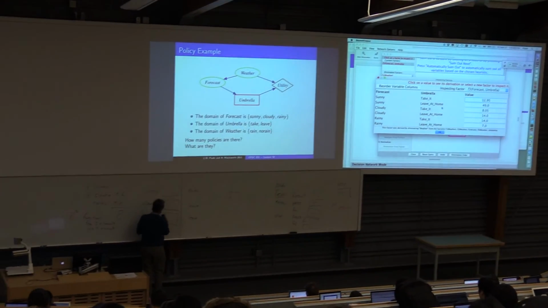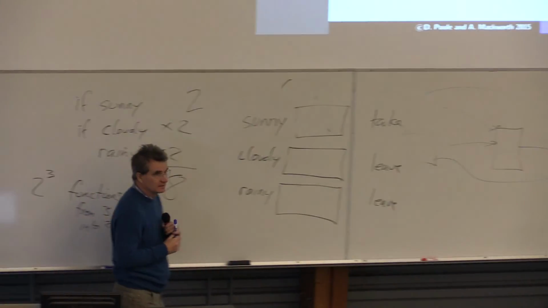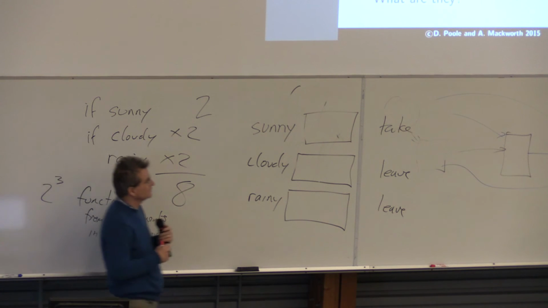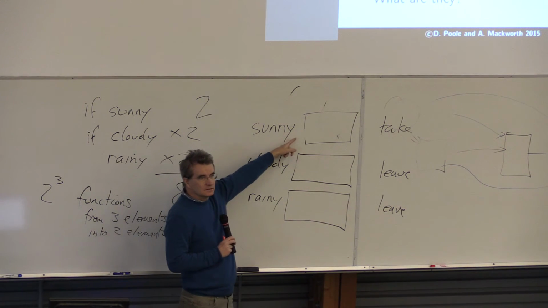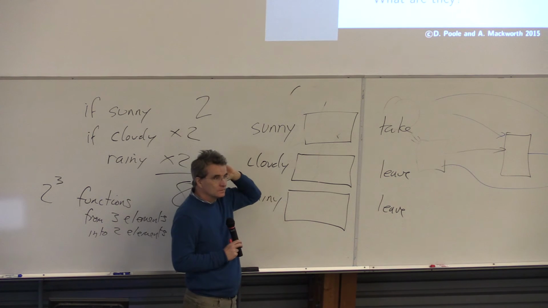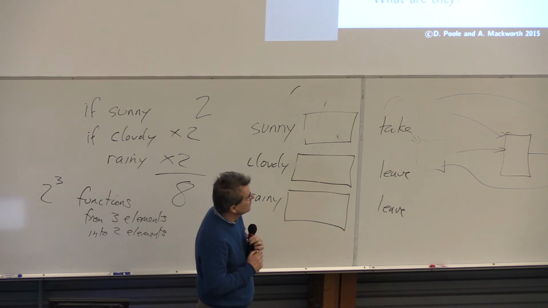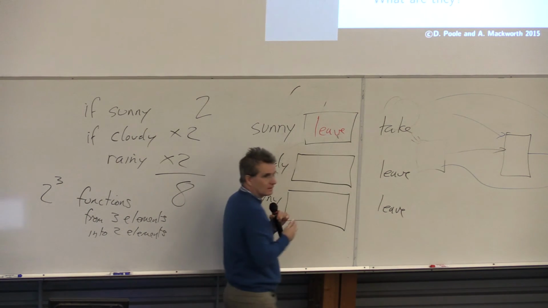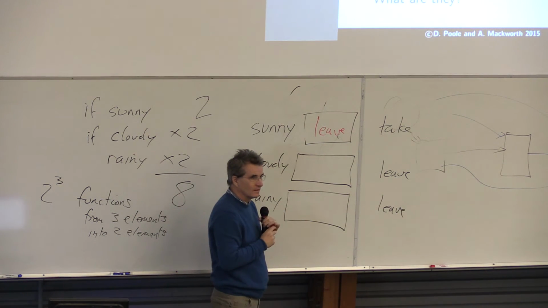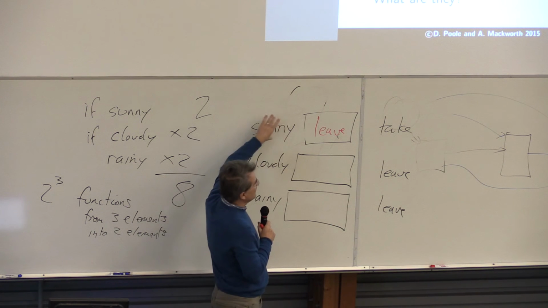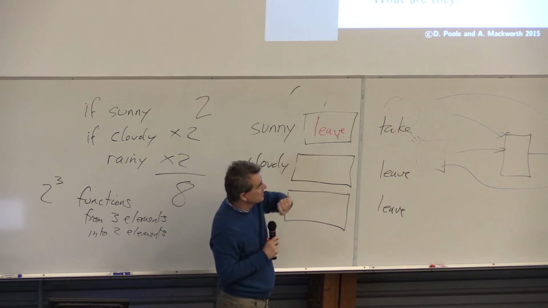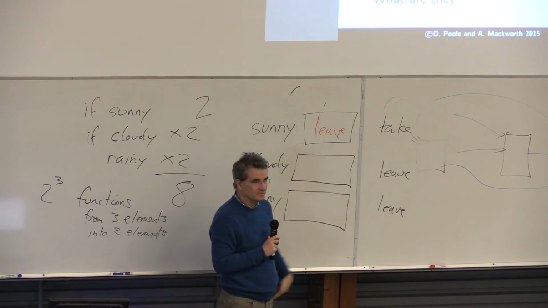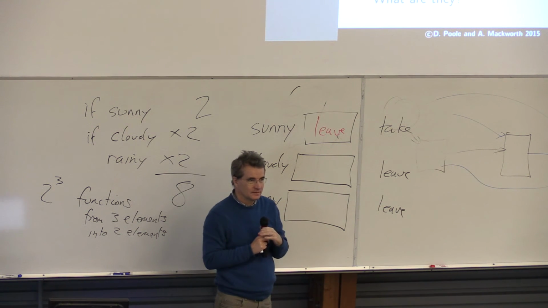So let's fill in this table. What's the optimal policy? What should we do when it's sunny? We should leave it home. Why? Because when it's sunny, if I take it, I get a utility of 12.95, and if I leave it at home, I get 49.